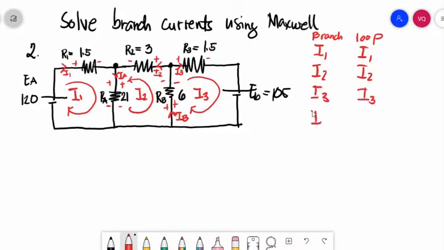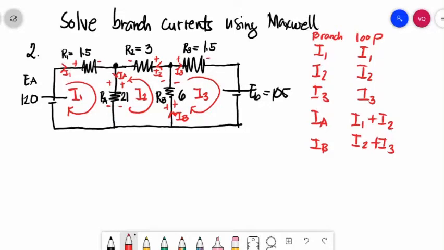And branch current IA is equal to the sum of your I1 and I2, same direction, positive, positive. And then, branch current IB will also be the sum of I2 plus I3, loop currents I2 and I3.